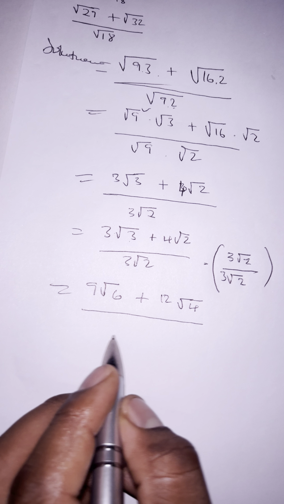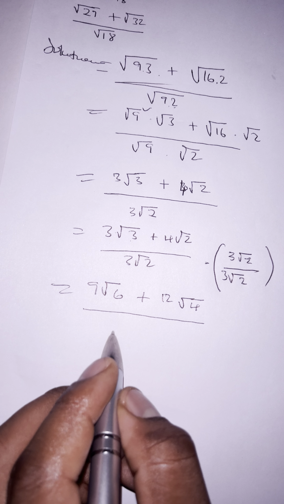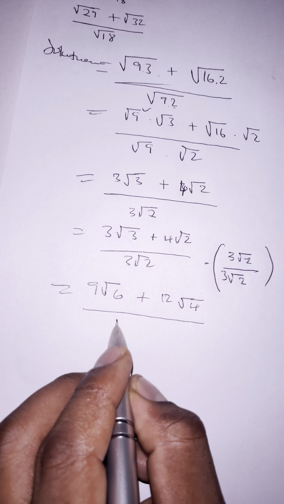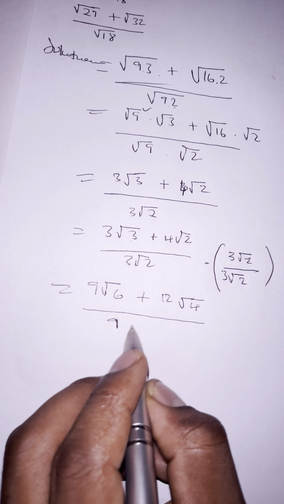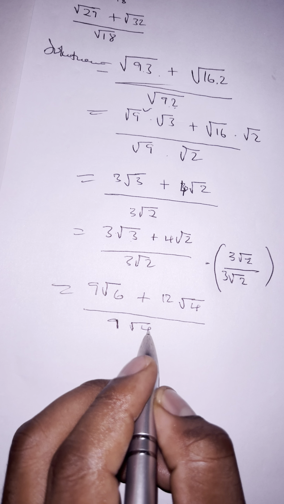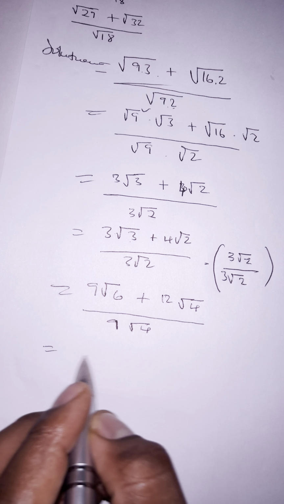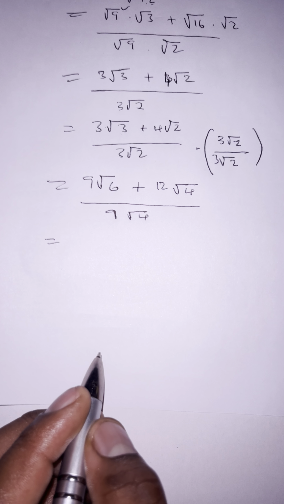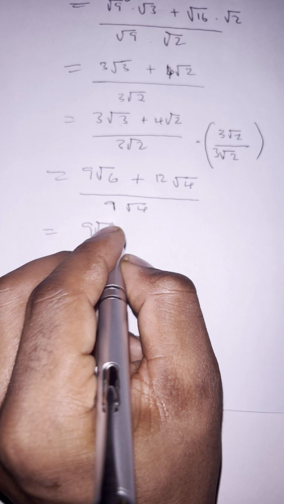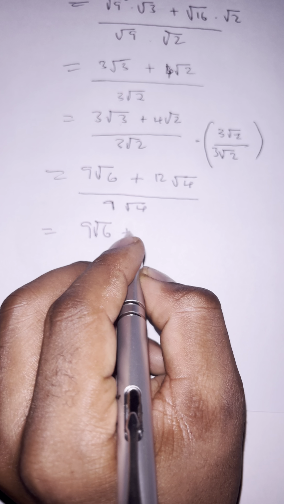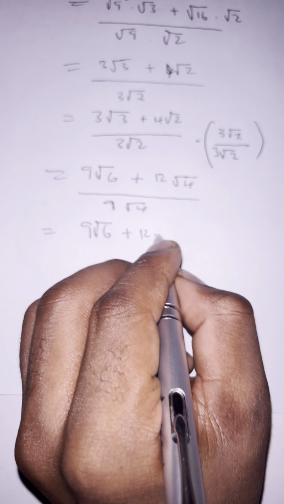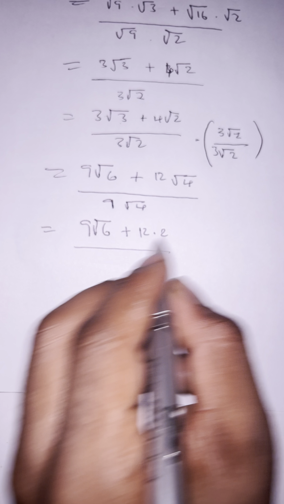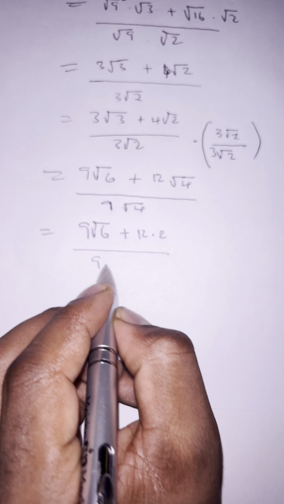All divided by 3 times 3 is 9, square root of 2 times square root of 2 is 2, which equals 9 square root of 6 plus 12 square root of 2, over 3 times 3 times 2, which is 18. Simplifying, 4 is 2, and 9 square root of 2 is 2.